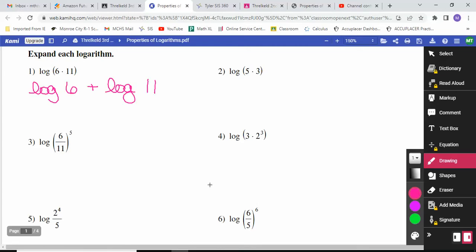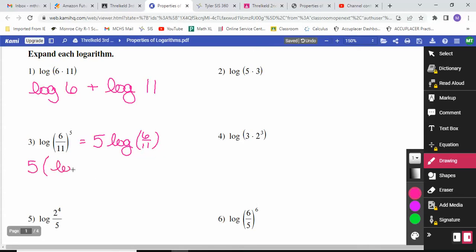A couple different starting points. What should I do about that 5th power? It comes down in front. So that's 5 times the log of 6 over 11. And we can break apart the log of 6 over 11, can't we? How does that separate?